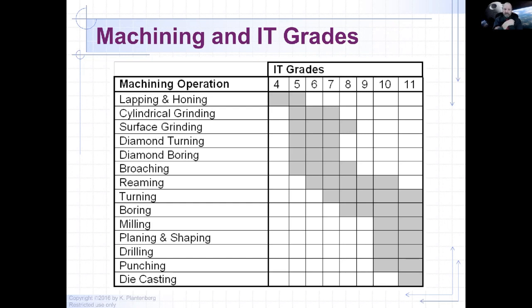Boring is drilling a hole in it. Milling is taking material off with a mill. And you have a whole variety of different machining operations. Generally speaking, as you go from the bottom up, it gets more expensive and takes more time.